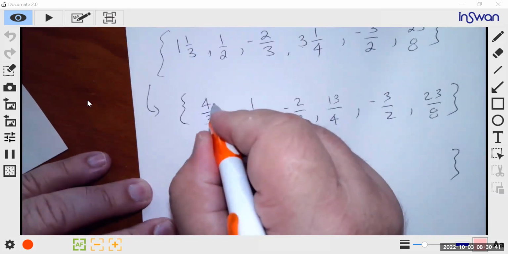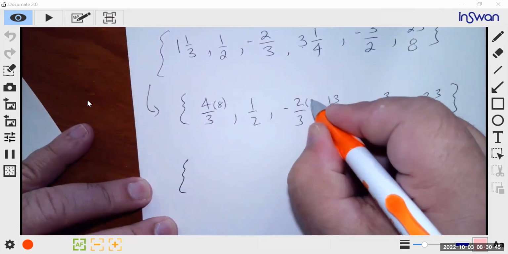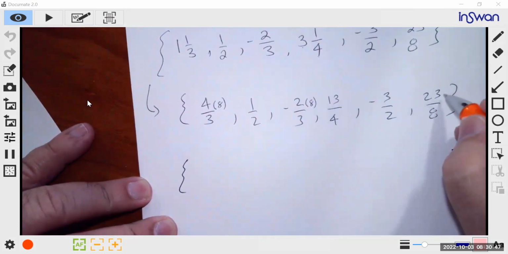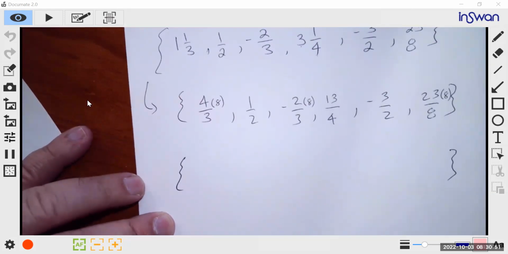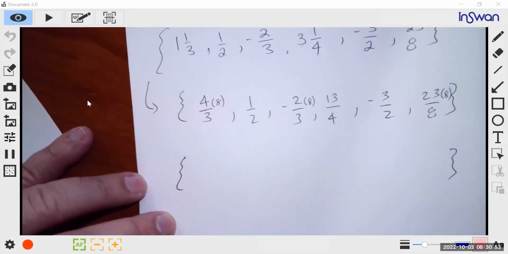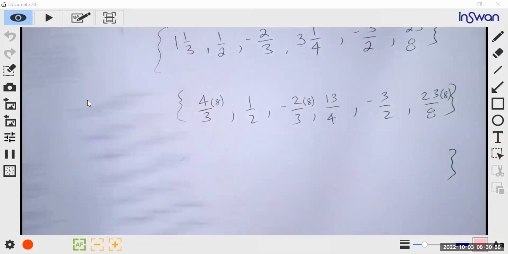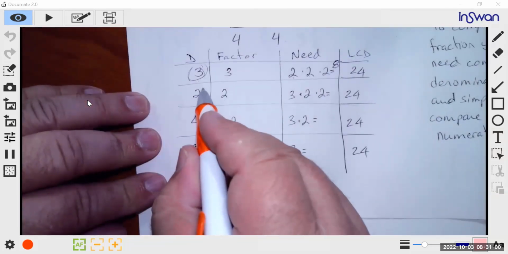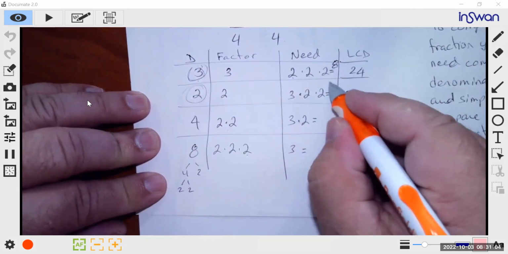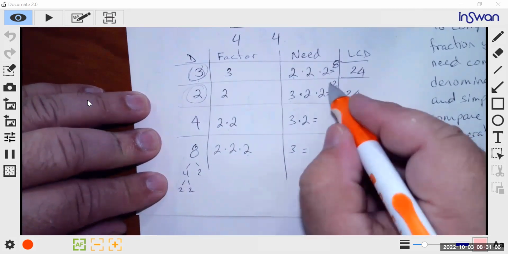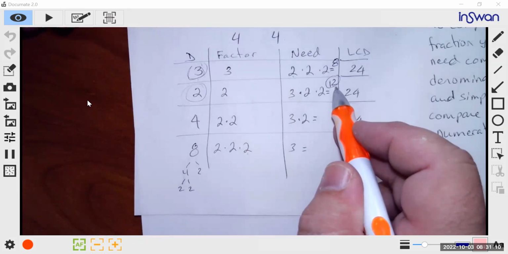So that one has a 3, so I multiply 8 to the top. 8 to the top. 8 to the top. Any denominator that's a 2, I multiply 3 times 2 is 6. I multiply by 12. If the denominator is 2, I multiply the top number by 12.